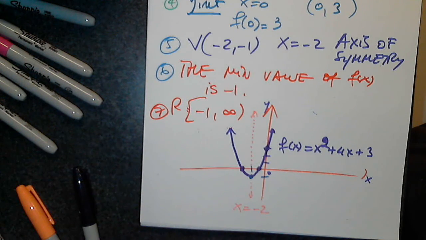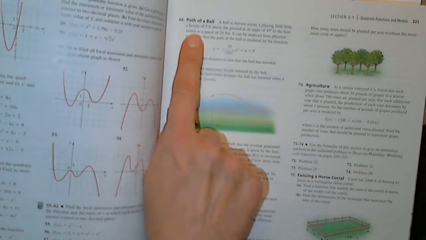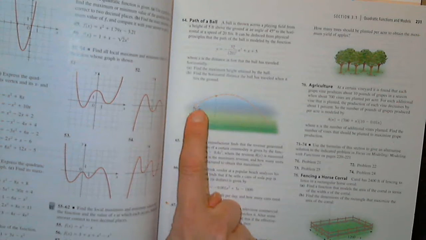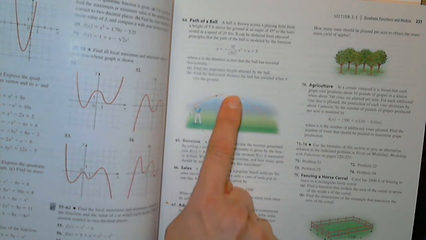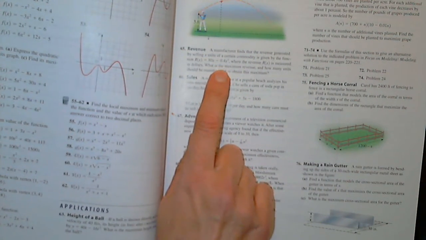There are a lot of applications that involve quadratic functions. Here is one, the path of a ball. Throwing a ball. The quarterback. Revenue, when the quadratic function is given to us.